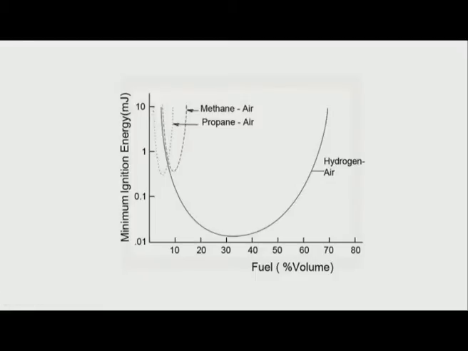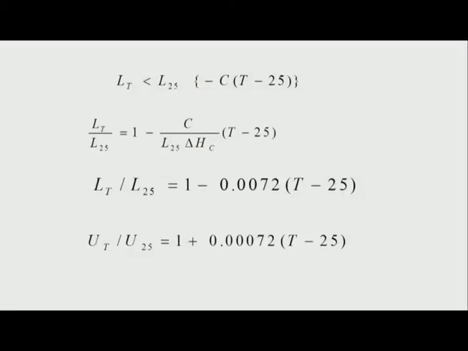Well, having looked at the lean and rich limits, let us go to the next one. This is where I said that when the temperature is higher than 25 degrees centigrade, I have more of the energy available. Therefore, the sensible heat which is higher is C into T minus 25, this is the energy available.